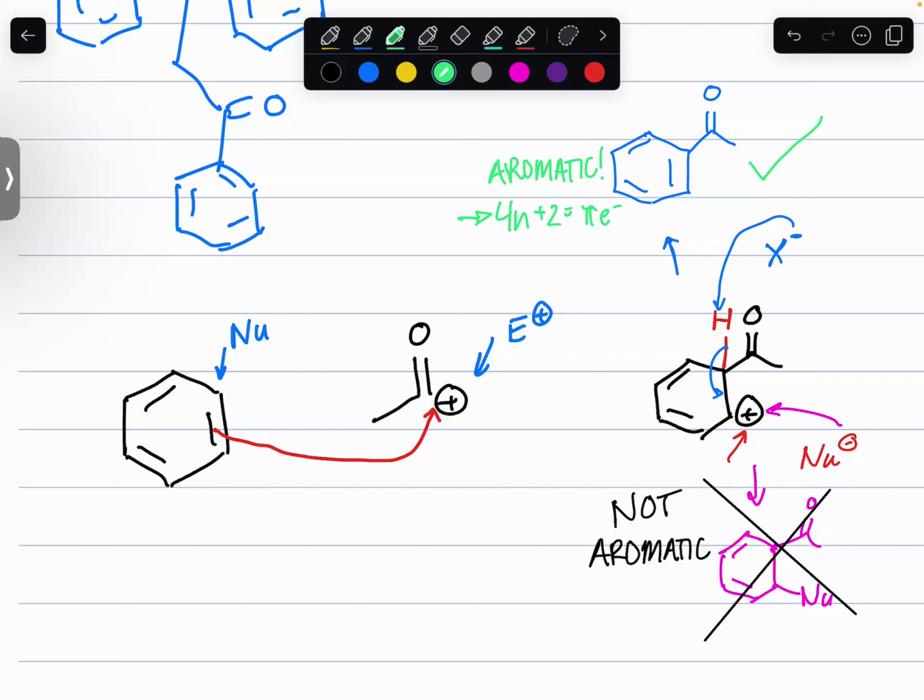N has to be a whole number. If it's a half number, then the system is anti-aromatic. And if you don't have a conjugated system to begin with, the whole thing is non-aromatic.